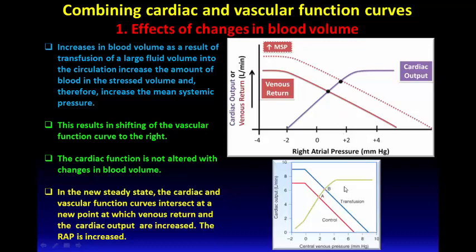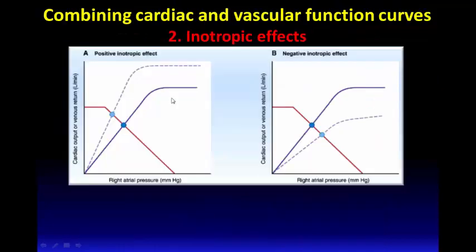Here we have again the combined cardiac function and venous return curves when the blood volume increases. Decreases in blood volume would have the opposite effects on the vascular function curve.